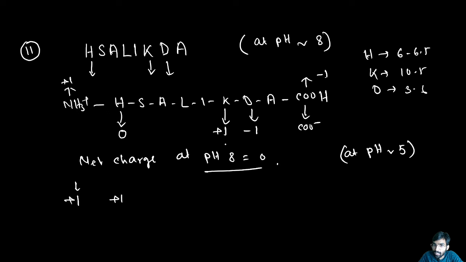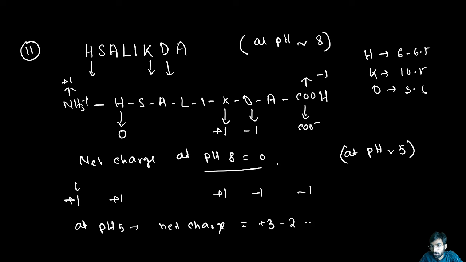And after that the lysine comes again +1, and for aspartate again -1, for COOH again -1. That means +3 -2. At pH 5, net charge equals +3 -2, that is +1. So like that you can play with different amino acids and different peptides. Okay, so I hope that you get the concept, and you can practice some more.